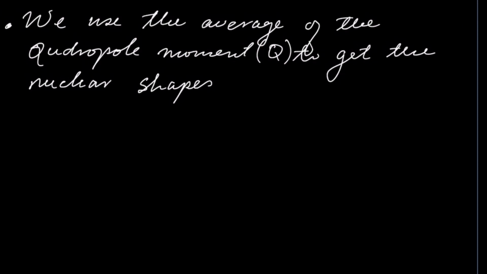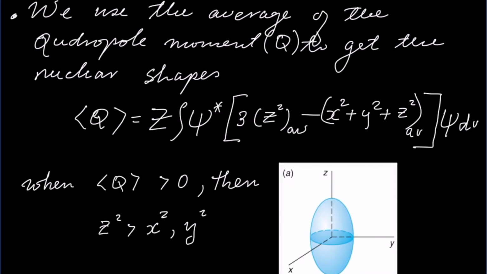We use the average value of the quadrupole moment Q to get the nuclear shapes. When the average of the quadrupole moment is greater than 0, then the nucleus will be shaped like a watermelon. And this is when z squared is greater than x squared and y squared.